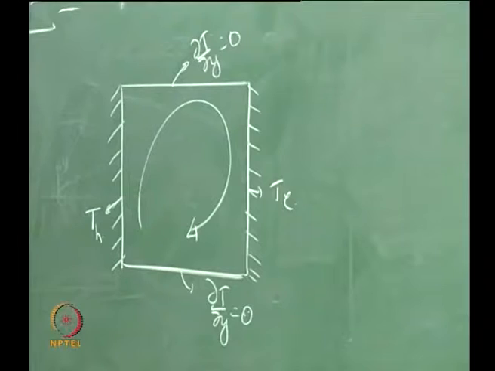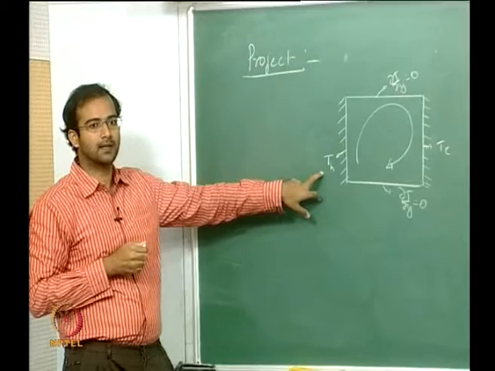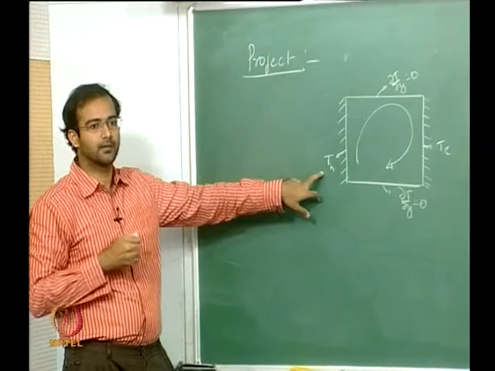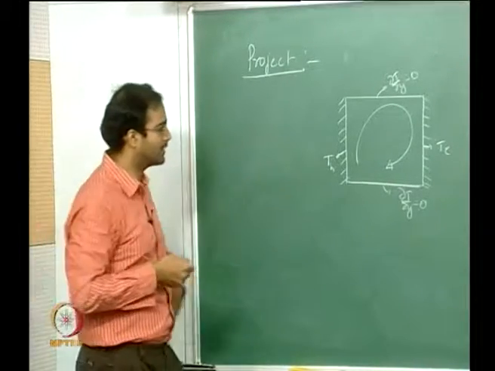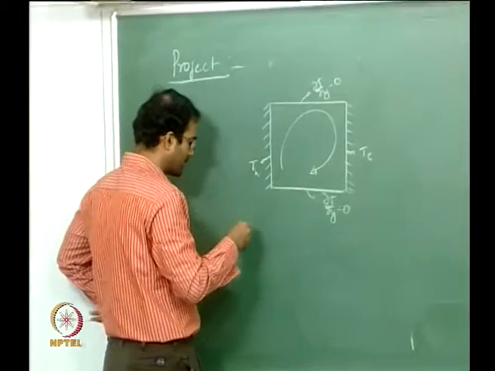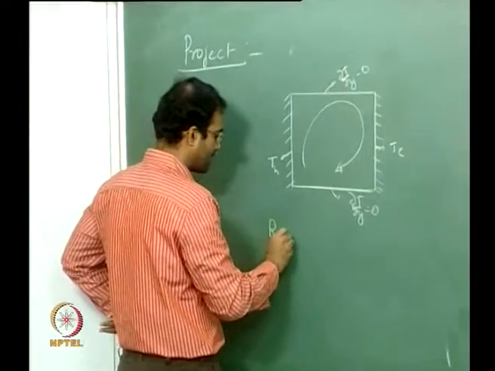Okay, so it's also called free convection. Now for small temperature differences, in natural convection we characterize it with a non-dimensional number called the Grashof number, also written sometimes as the Rayleigh number.